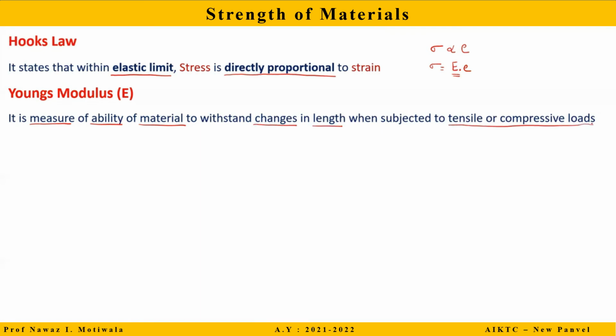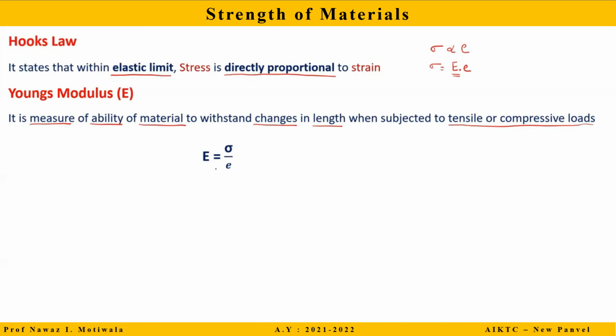So it's very simple. In mathematical terms, as we have seen here, sigma is equal to E epsilon. If I just rearrange the terms, Young's modulus is nothing but stress divided by strain.